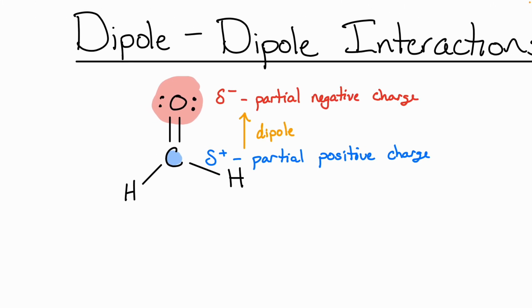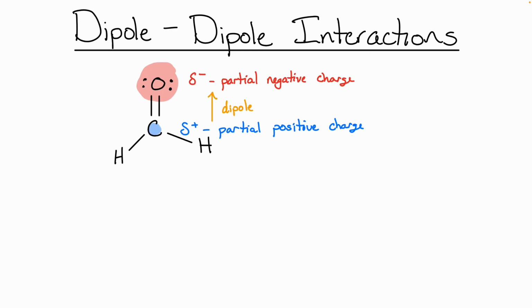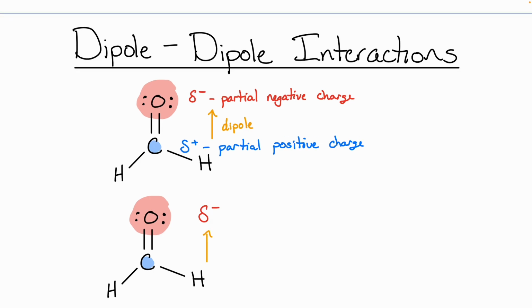But when I'm not just talking about a single atom here, I'm talking about the interaction between neighboring molecules, right? So now I'm going to draw in a second one of these molecules here. This second molecule also has this dipole, where one half of that molecule, that oxygen, has that partial negative charge, and the other half, that carbon, has a partial positive charge.